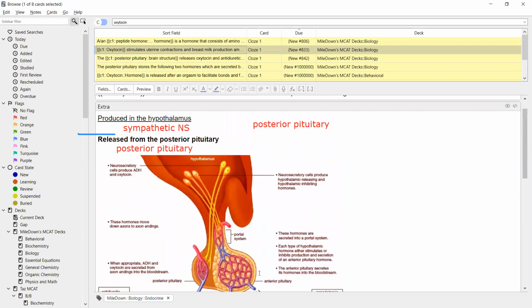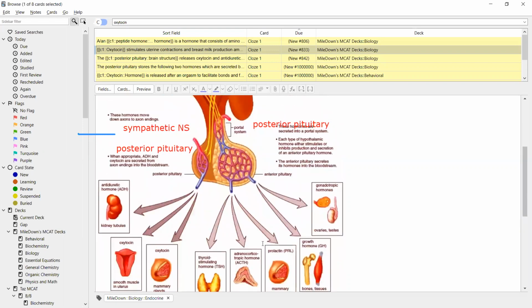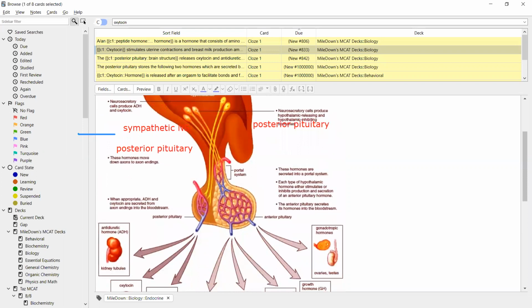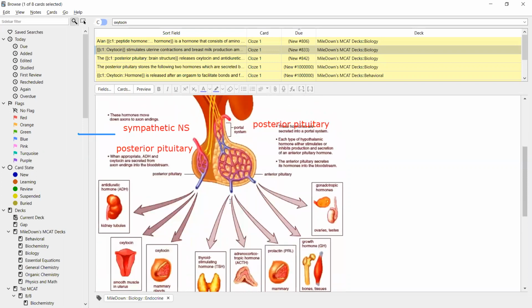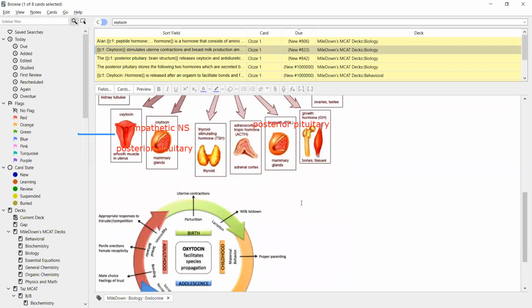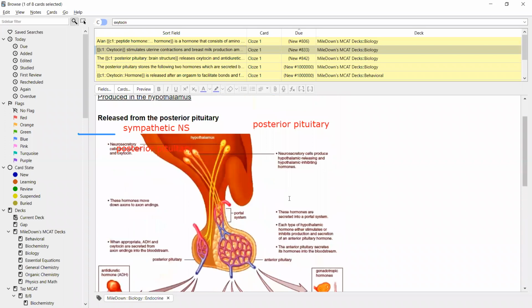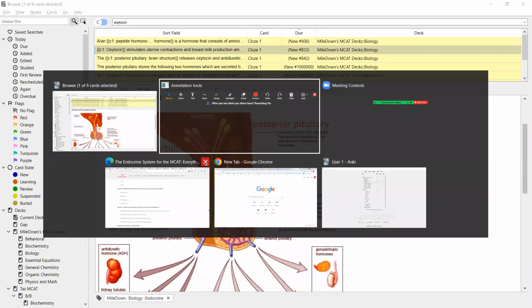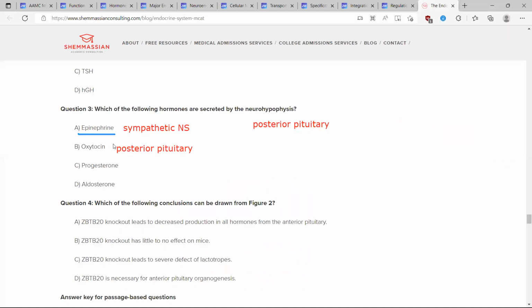And then we have the anterior pituitary, where the hypothalamus produces not the direct hormones, but the hormones that will influence the anterior pituitary to produce the direct hormones, such as TSH, such as ACTH, and whatnot. In this case, it is just ADH and oxytocin that are released by the posterior pituitary.